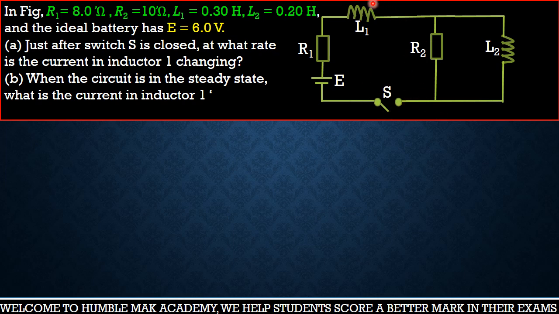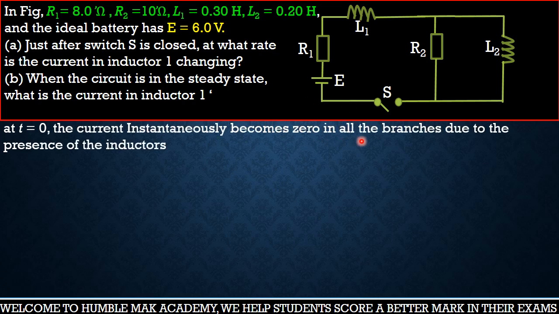Initially, just before this switch is closed, the current across each of these branches has to be 0, since all of our branches have inductors. And since we have the cell here and we have the inductors, the current across each of these branches is going to be 0 instantaneously, just after the switch is closed. But after some amount of time, we don't expect the current to be 0.